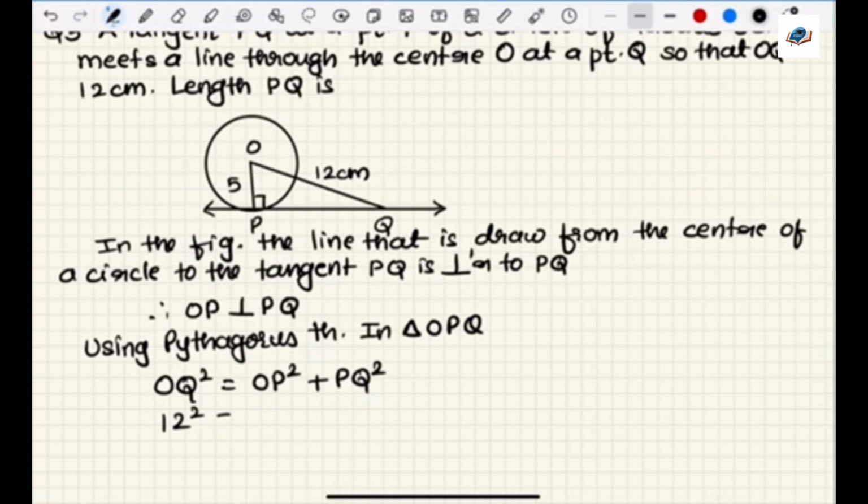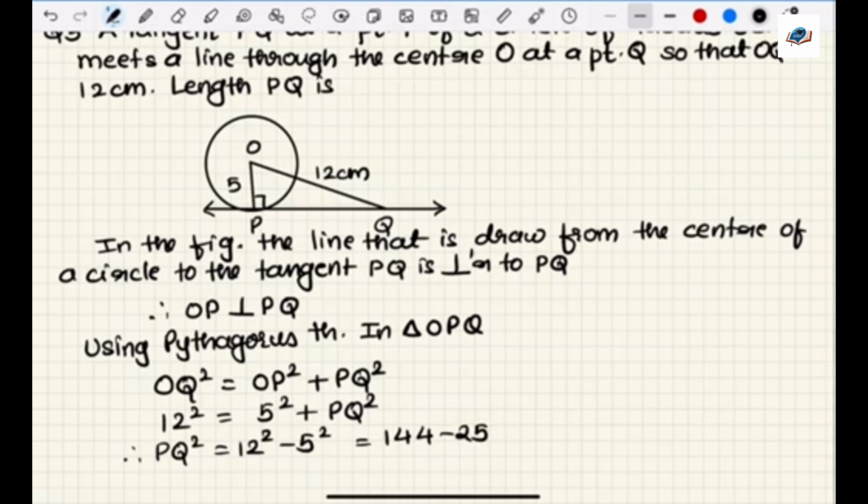So OQ is 12, so 12 square equal to OP is 5, so 5 square plus PQ square. So therefore PQ square will be equal to 12 square minus 5 square, which will be equal to 144 minus 25. So, therefore, PQ equal to root of 119 centimeter.